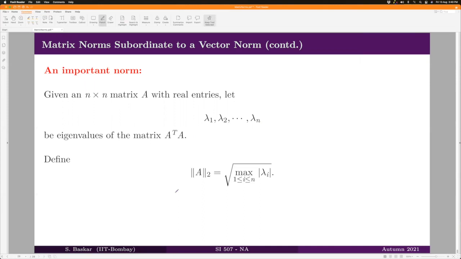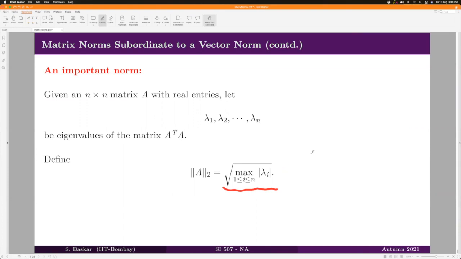Now define the function like this: square root of the maximum over i varying from 1 to n of the modulus of lambda i. You can clearly see that this function defines a matrix norm. Why I say that it is important will be evident when we go into the next section on subordinate norms. In fact, we can see that this is one of the examples of subordinate norms.